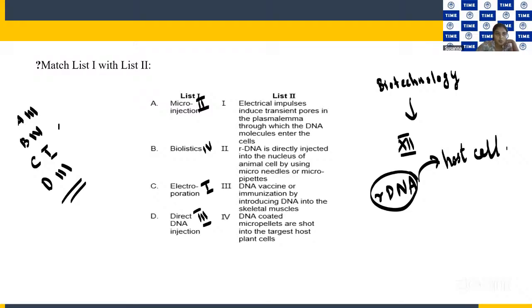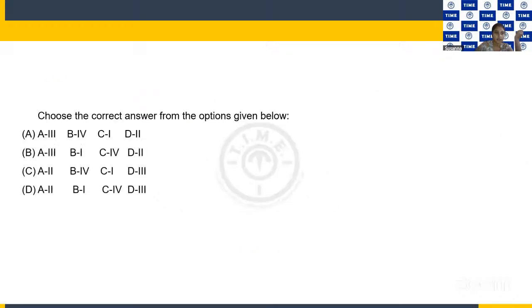Sorry, it's A2. Okay, sorry. When I wrote it, there was a mistake over here. Sorry, it's A2. Okay, so it's A2, B4, C1, and D3. This is the kind of mistakes that you can make while you are attempting the question paper. So A2, B4, C1. Let's see whether we have that pattern over here. A2, B4 is there, C1 is there, and finally D3 is there.